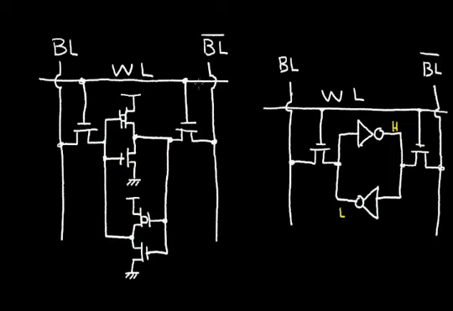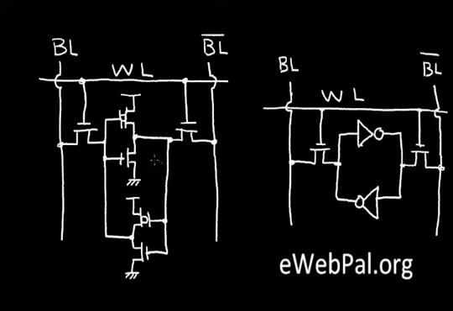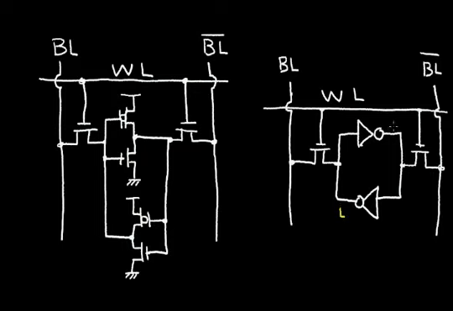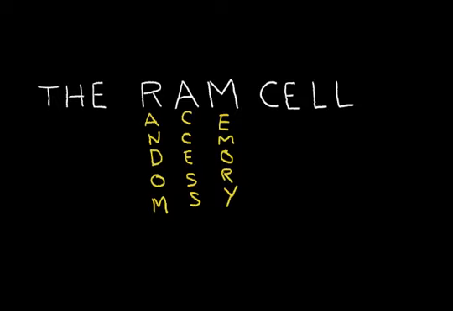These static RAM cells are arrayed together. And let me scroll down here and show you the same circuit, but all 6 transistors are drawn out. Now recall how this cross-coupled inverter works. If I have a low voltage here, the top inverter will convert that low voltage to a high voltage.